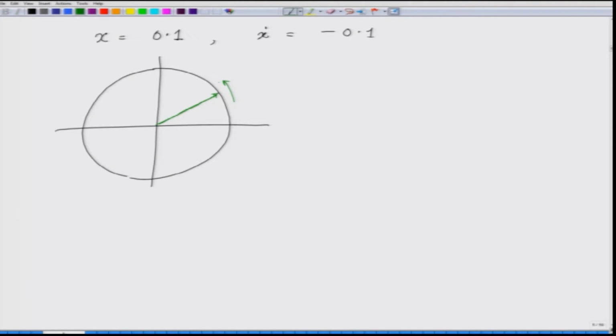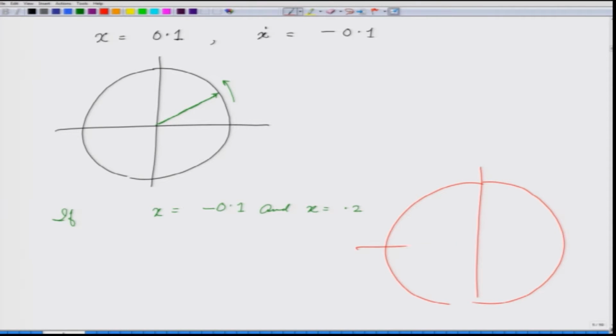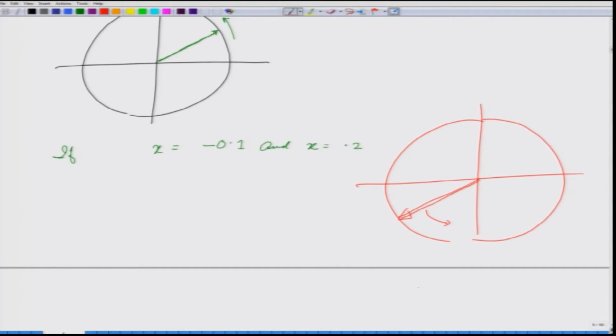Similarly, if x is equal to minus 0.1 and x dot is equal to 0.2, then the phasor would be in the third quadrant and would be turning like this. And by our convention, since we restrict phi from minus pi to pi, this will be phi negative out here.